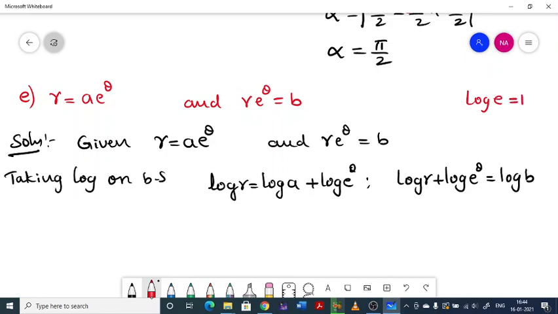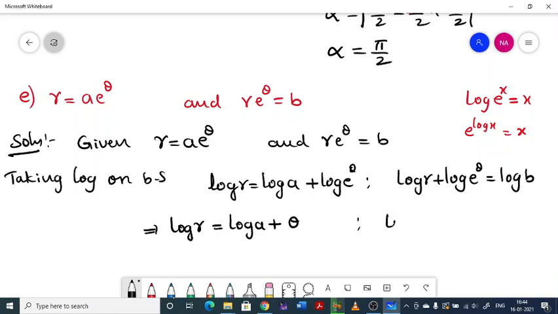That is, log e is 1, log e power x will be x only. Similarly, e power log x will be x only. So they are inverse of each other. e cancels log. So this side log r equal to log a, that I'll write as it is, plus log e power theta is just theta. Similarly, this side log r plus log e power theta, that is just theta, equal to 0.